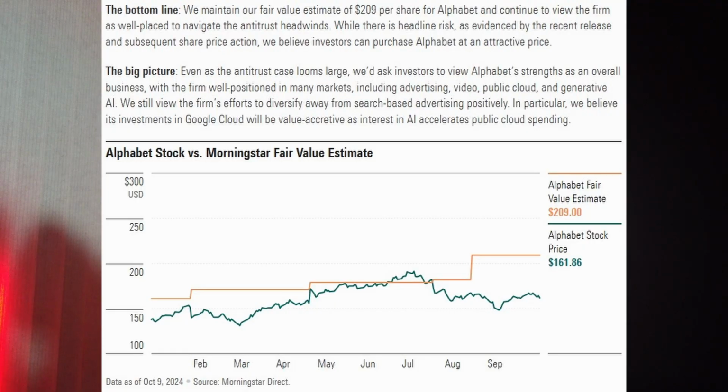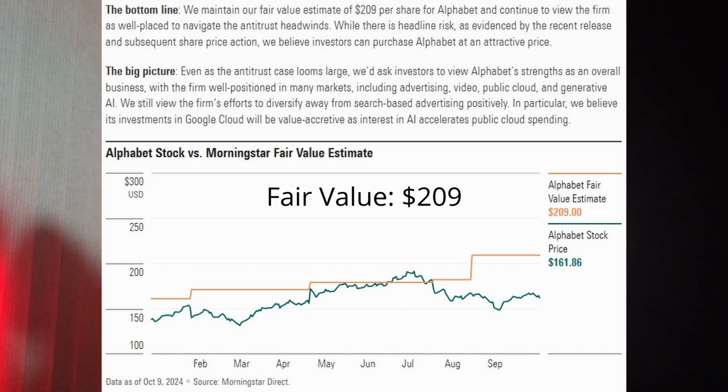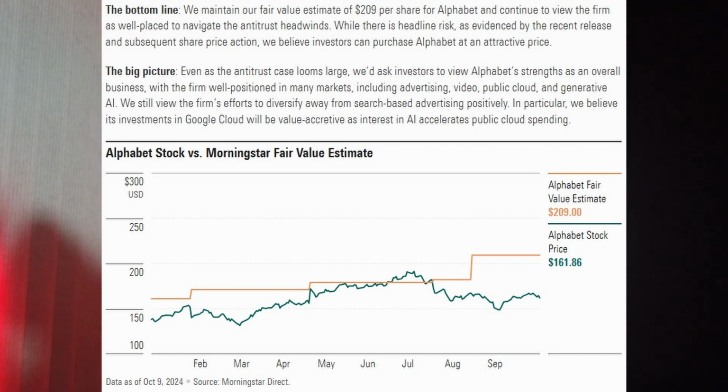Here is the analysis from Morningstar. This is free for everyone. You can go to the Morningstar website and just search Google. It gives you Alphabet stock versus the Morningstar fair value estimate. As you see, the fair value based on Morningstar is 209, and the price is 161.86, which is undervalued.